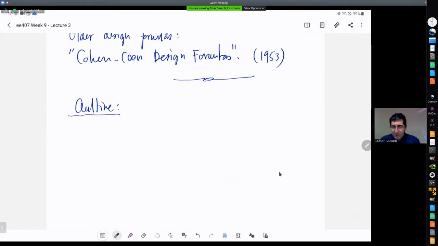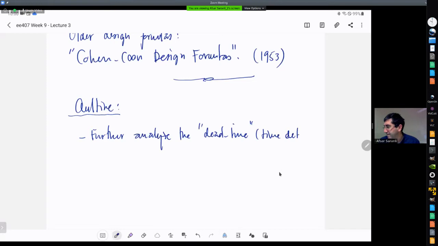Well, we will basically further analyze the so-called dead time or time delay, including why it's so popular and so on and so forth. Okay, so we will also discuss effects on system stability and behavior.